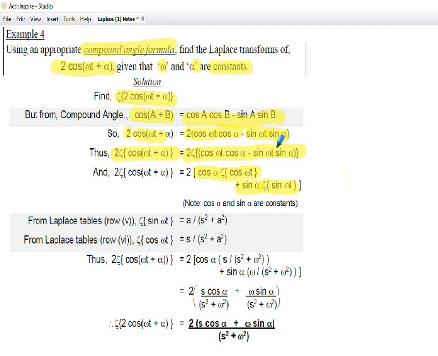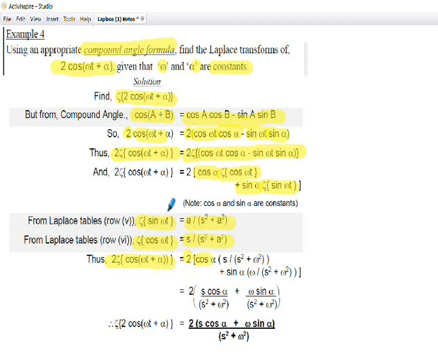Okay. If we look in our standard tables, we will see that the Laplace of sine omega t is a over s squared plus a squared from the Laplace transform table, and if we look for the Laplace of cos omega t in the Laplace transform table, that's s over s squared plus a squared. So now we can write the original function, 2 Laplace of cos(omega t plus alpha), as 2, which I'm keeping outside the bracket for the moment because it's just a factor.